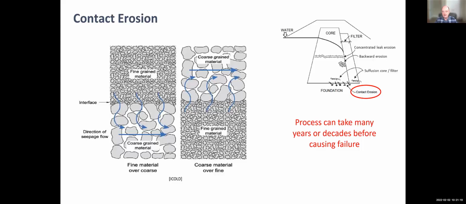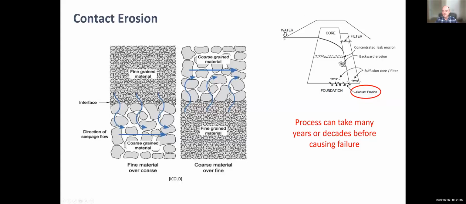So we have to be a little bit cognizant of that, and this one's showing it between the dam and the foundation. That's where it's occurring, but you can sometimes have it between, let's say, your core and your filter if you don't have an adequately designed filter. The grain sizes were not the appropriate size ranges, and these processes can start off very slowly and take years, maybe even decades, gradually removing small particles.